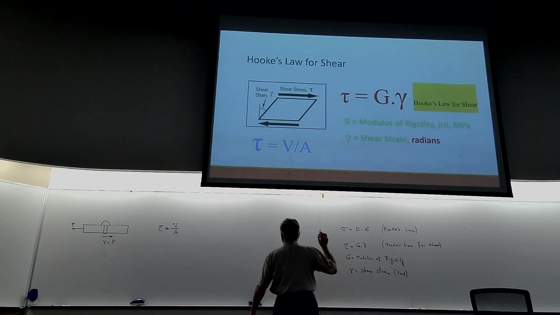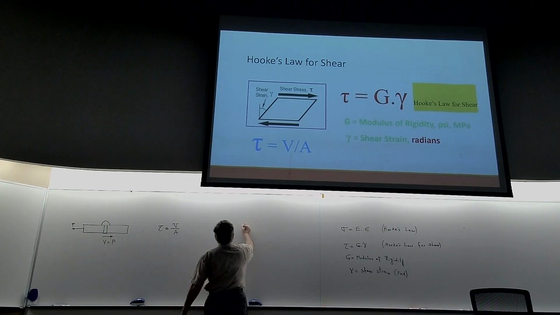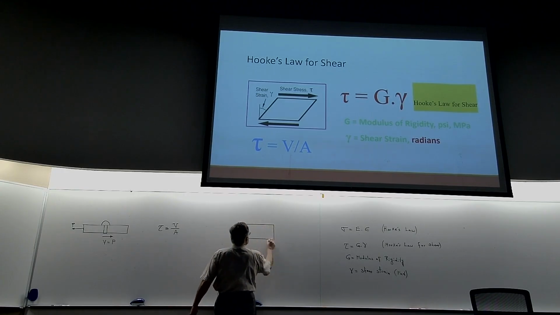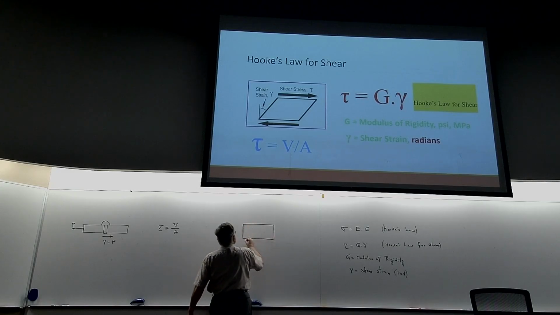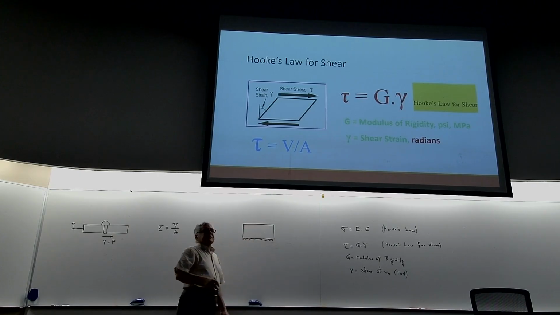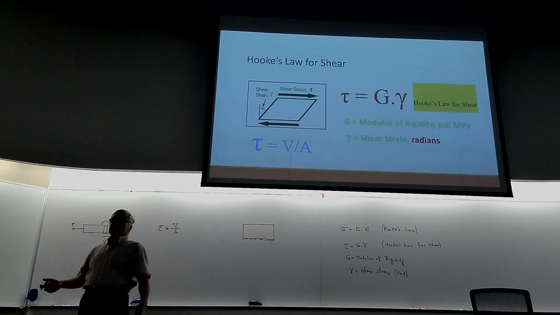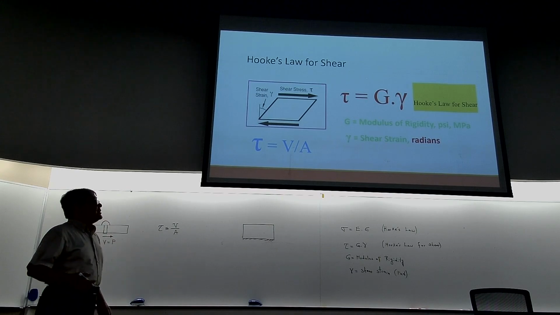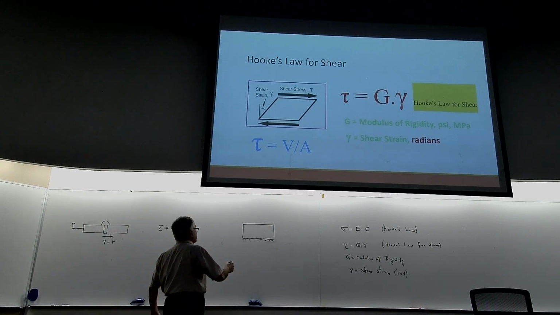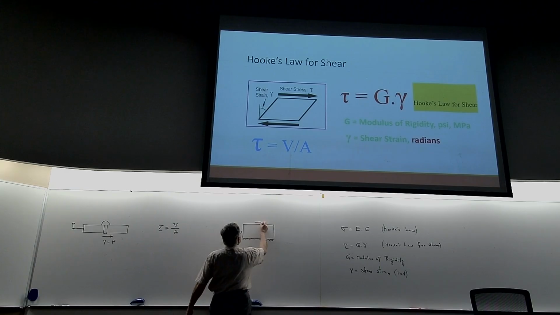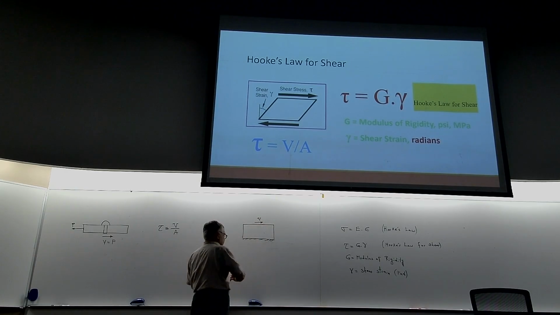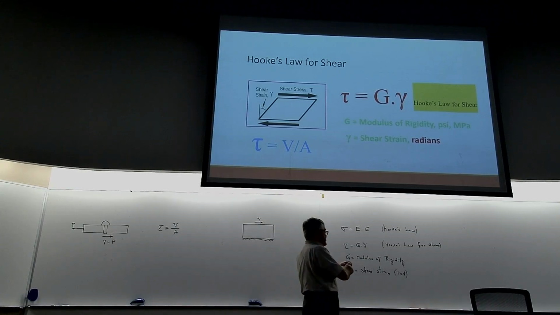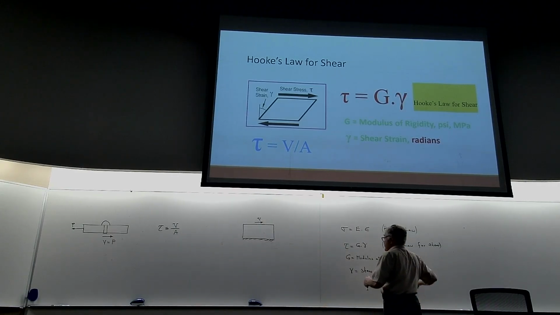And as you can see in that figure, if we have a block which is rigidly attached to a surface on the bottom side, welded or glued so the bottom surface cannot move, and we apply a shear force here at the top surface, then the bottom surface cannot move, but the top surface will.